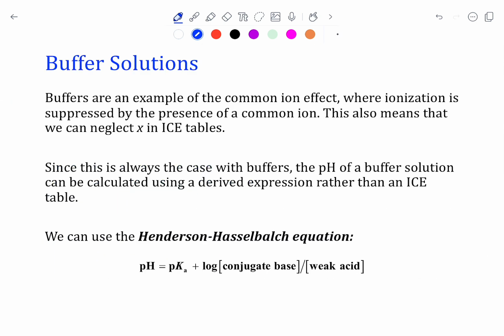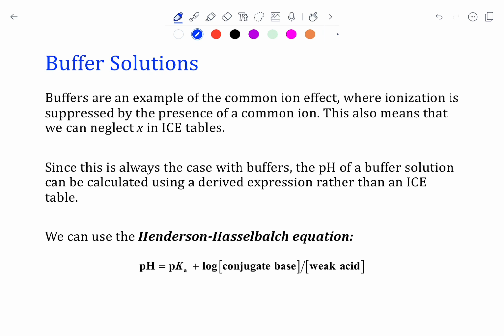Buffers are an example of the common ion effect, which we just discussed, because we're seeing ionization being suppressed by the presence of a common ion. By introducing that acid and conjugate base pairing, that's the common ion that we are relating to.